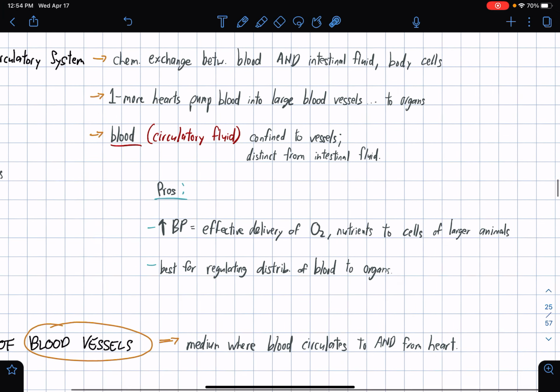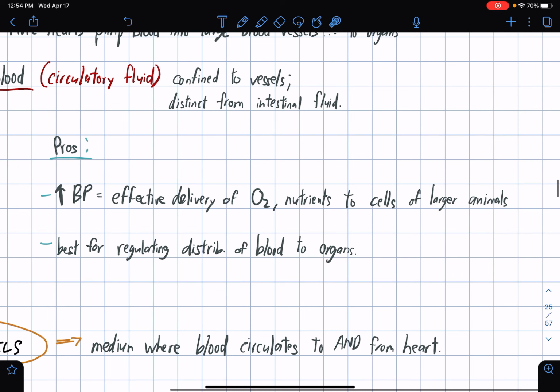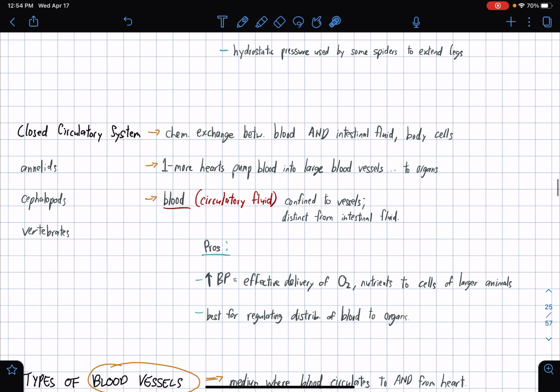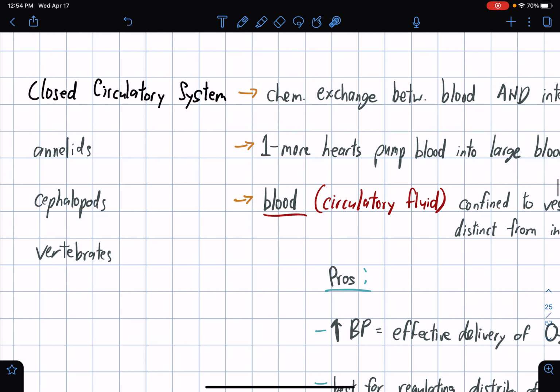A closed circulatory system is more appropriate for this requirement. It is the best for regulating the distribution of blood to organs. What other organisms exhibit this kind of circulatory system? Annelids, basically earthworms, cephalopods, and vertebrates. That includes us: Aves, Pisces, Reptilia, Amphibia, and Mammalia.